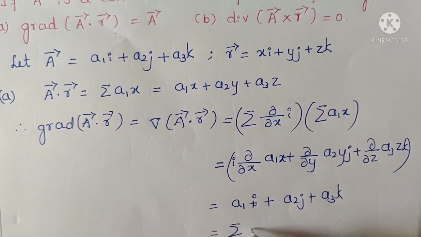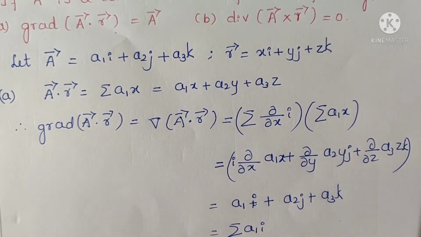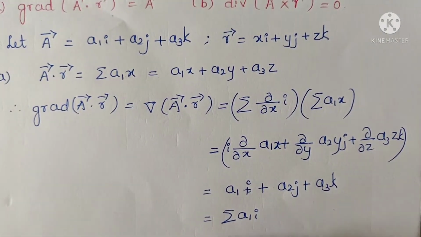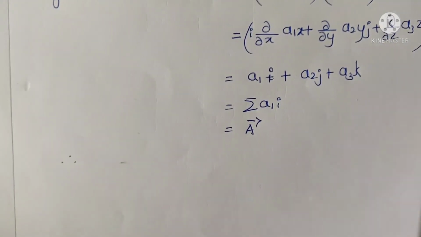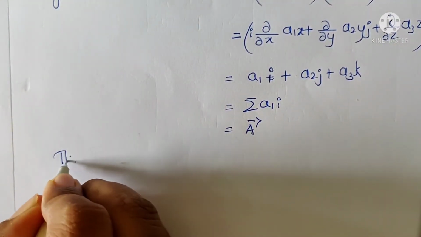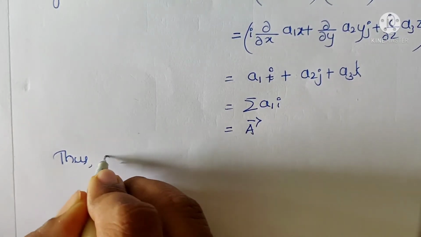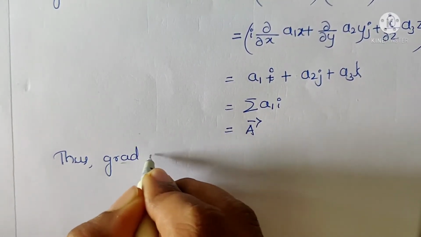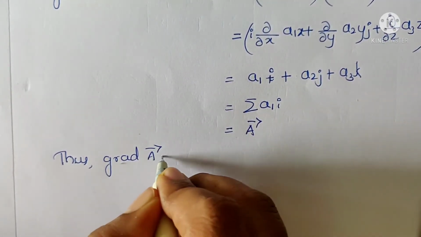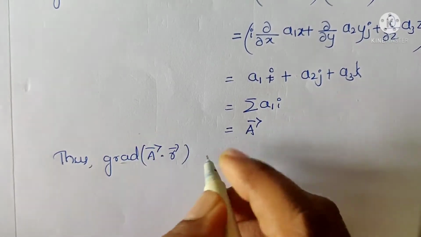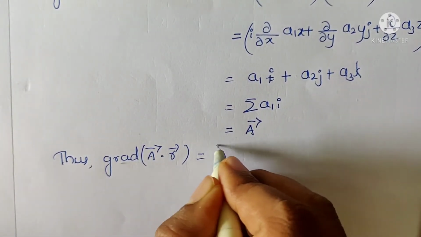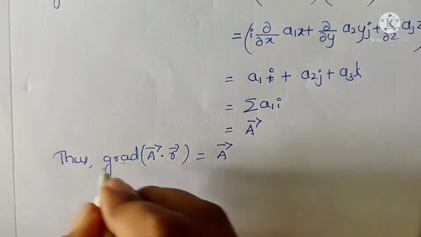This a1i plus a2j plus a3k is what? Vector a. Therefore, we can write, or thus, the gradient of vector a dot r is equal to vector a.